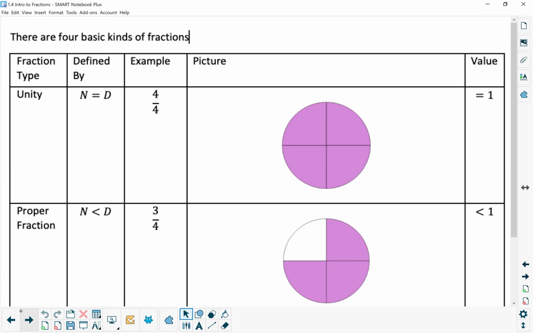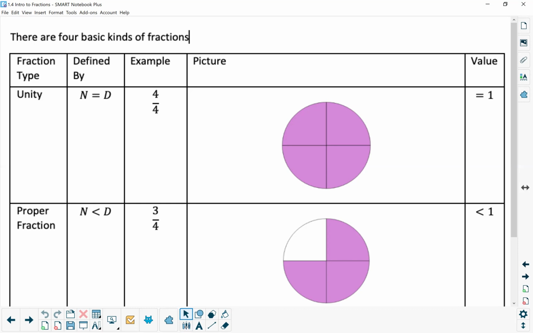So we'll talk about 4 basic types of fractions. You don't need to memorize these types, but you will see them throughout the rest of this unit. The unity is where the numerator and the denominator are equal.